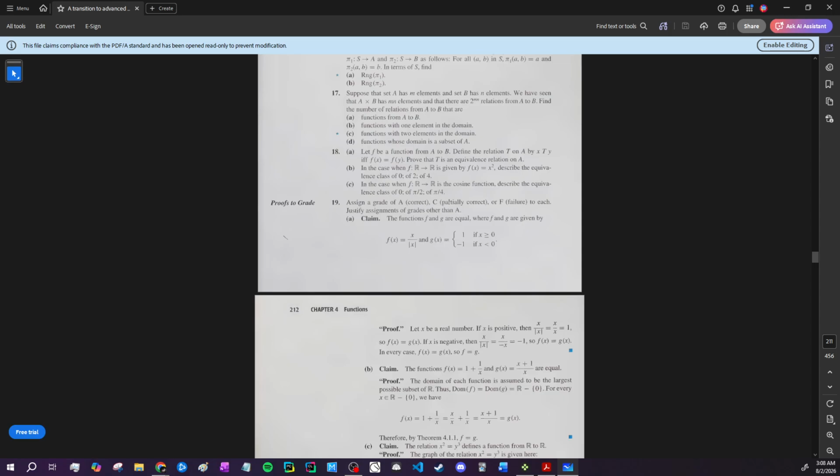Because if there's a pair 1 3, the pair where f(x) is 1 gives an output of something else. But wait, remember, it's a function though. So the function must be true.